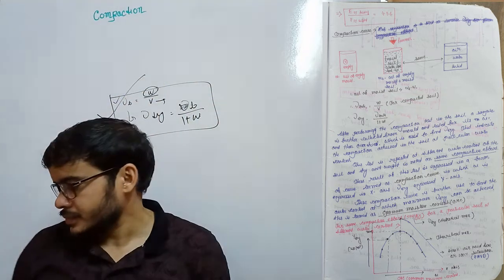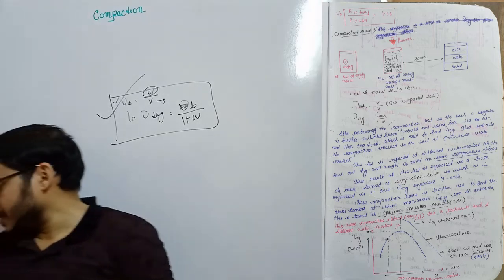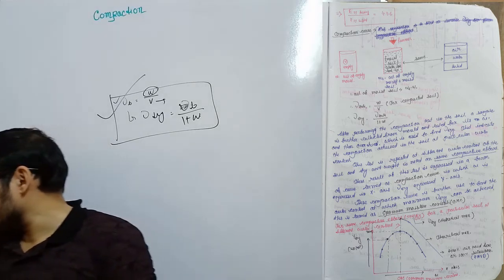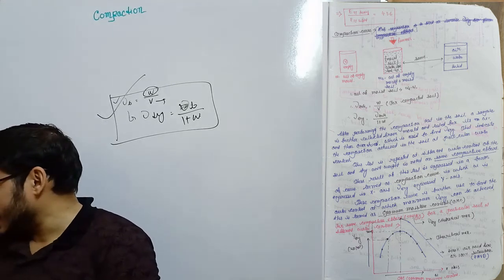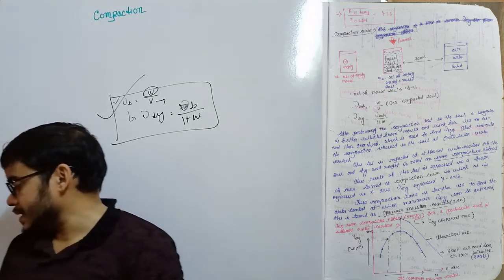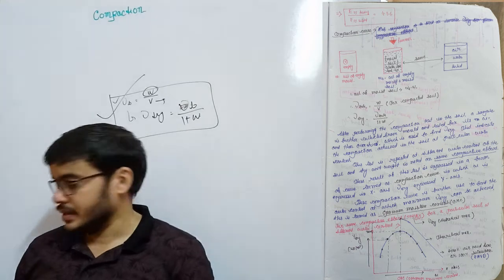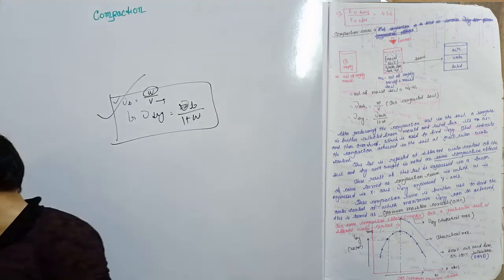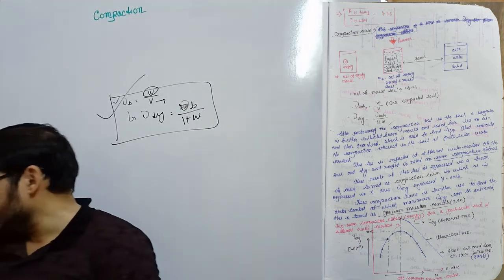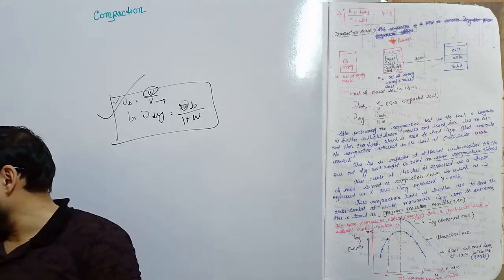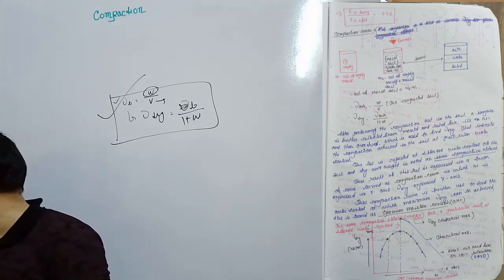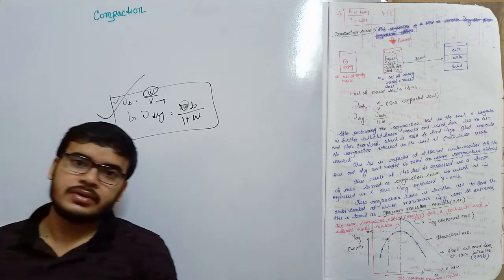Now, after performing the compaction test on the soil, a sample is collected from the mold and tested for its water content, and then oven dried, which is used to find gamma dry. That indicates the compaction achieved in the soil at a particular water content.